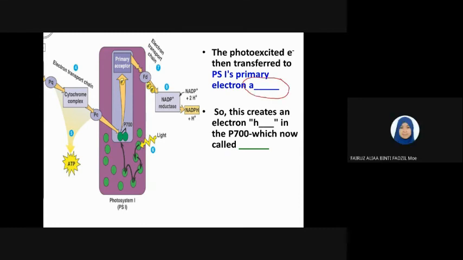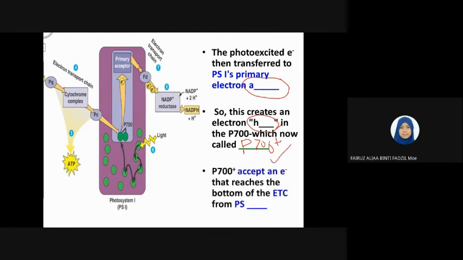So this creates an electron hole in the P700. The P700 now is called P700 plus. Okay. P700 plus accepts an electron that reached the bottom of the ETC from PS2.